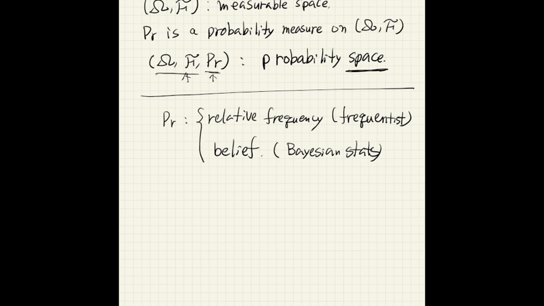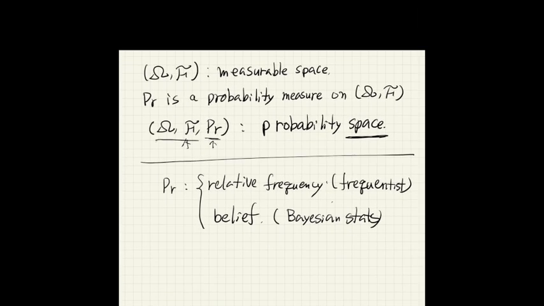So there has been a huge debate for hundreds of years regarding the interpretation of probability, but in mathematics, we don't care about those interpretations. Anything that satisfies the axioms can be considered as probability. Okay, so that's the beauty of mathematics.